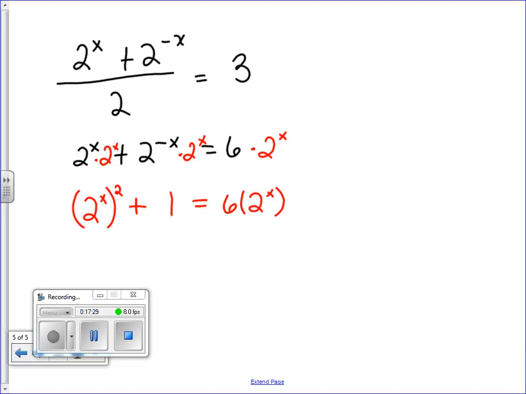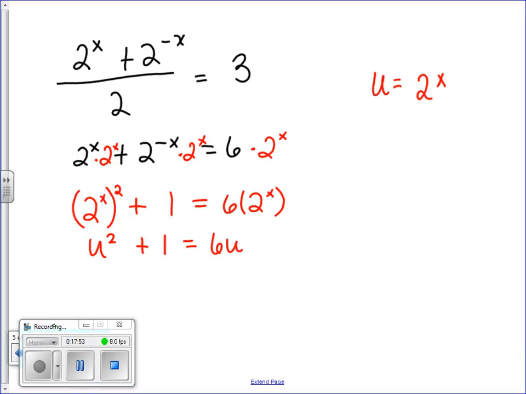It wasn't a quadratic, but it mimicked a quadratic, and we would use u. Remember that? That was at the very beginning. We're gonna say that u is 2 to the x. So what would that make this? Right. Now it's so much easier to solve.